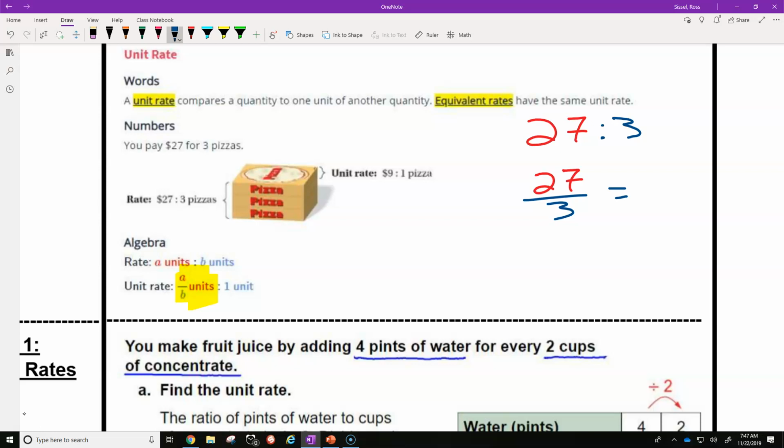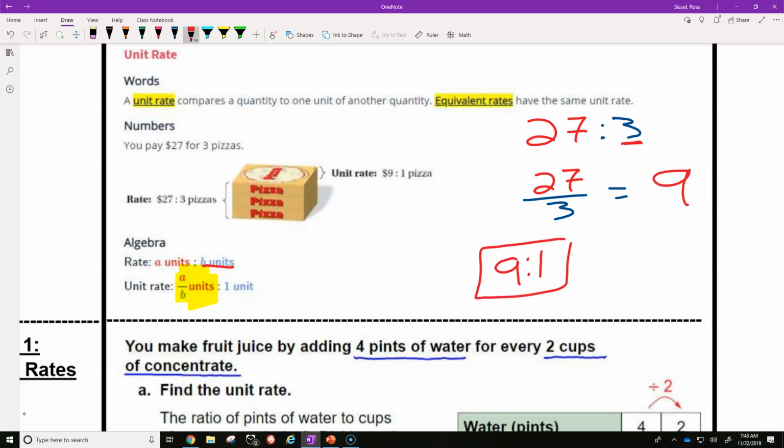The value was 27/3. We are now going to simplify so this denominator becomes 1. I want to know what 1 equals. So 27 divided by 3 is 9. This tells me that when we look at our second unit, this 3 represented pizzas, right? So every pizza equals $9.